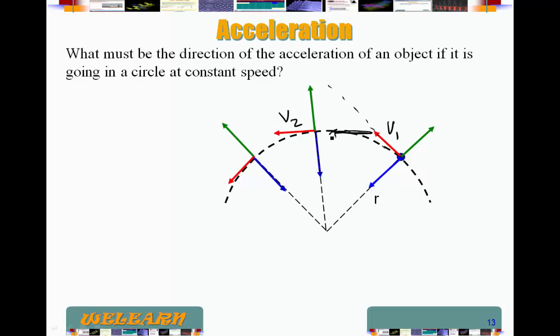I'm redrawing it here. It's pointing this way. So the acceleration, to try to change the velocity from this initial direction to this new direction, remember acceleration, whenever you think of acceleration, you need to think of a force. Then this would be the more correct possibility, since it's making it bend towards the center of the circle.